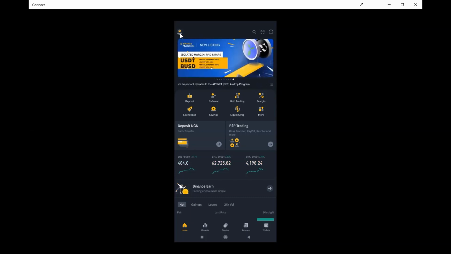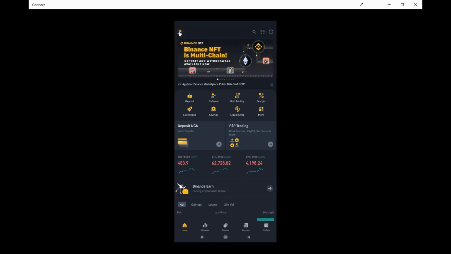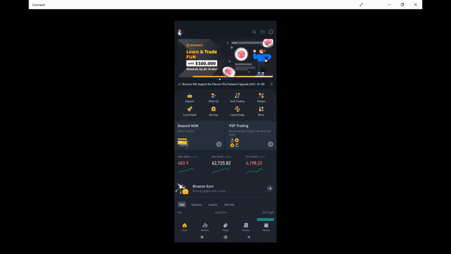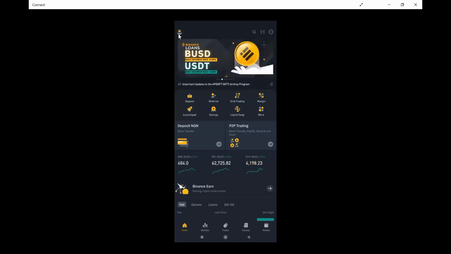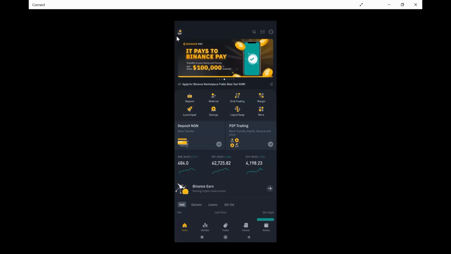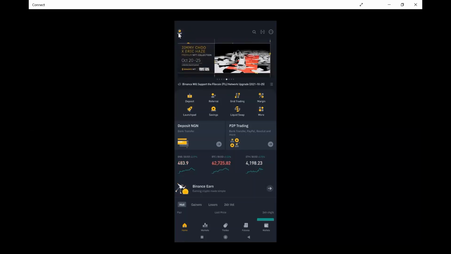In other words, you were sent a code via SMS, which you inputted, and Binance verified your SMS number, meaning it's yours.